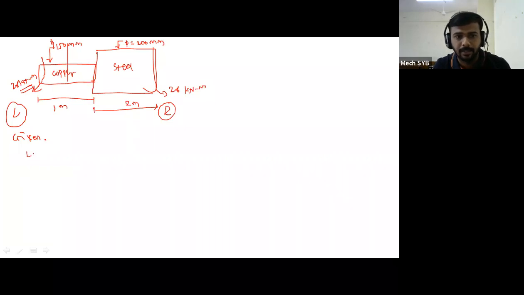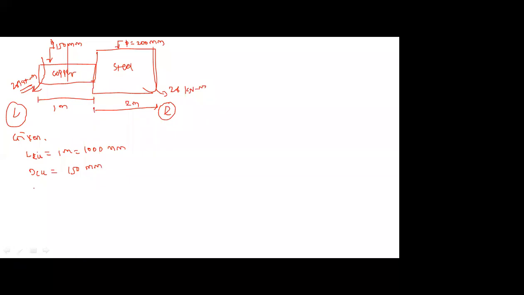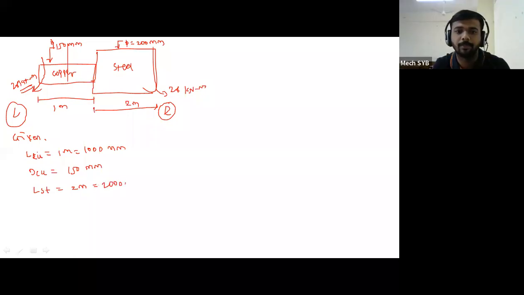See, length of copper 1 meter is equal to 1000 mm. Then diameter of copper 150 mm. Length of steel 2 meter is equal to 2000 mm.